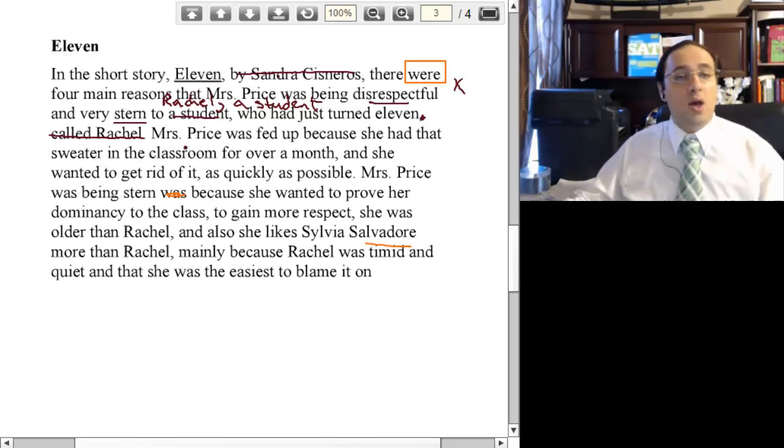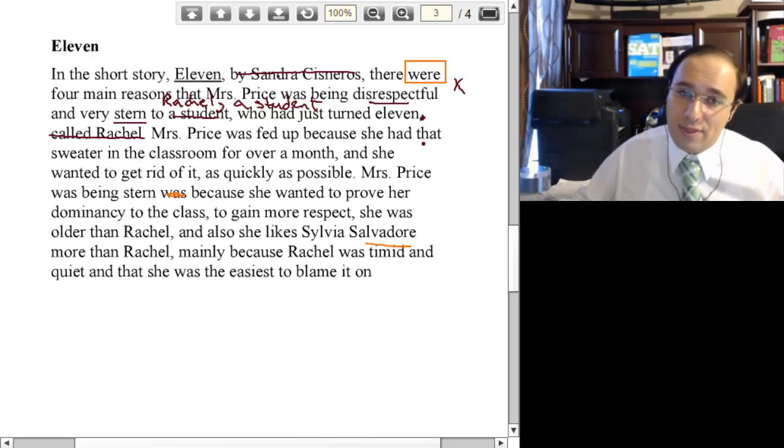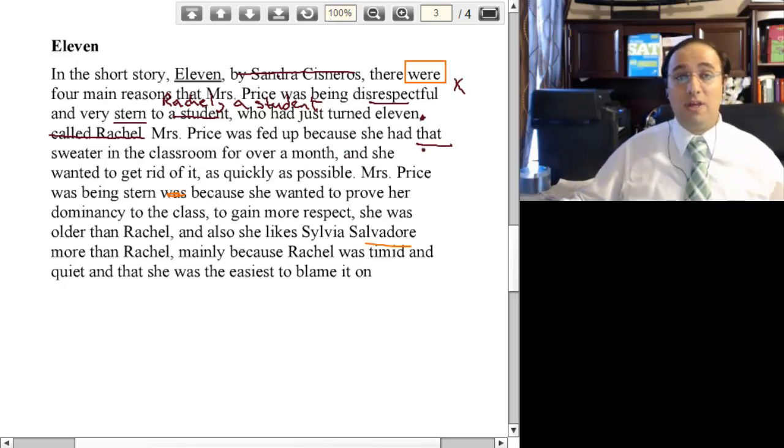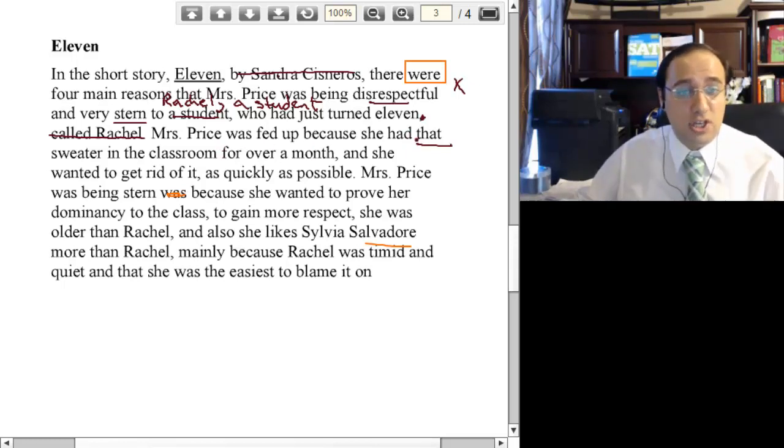However, "Mrs. Price was fed up because she had that sweater." Now, that here is a pronoun that should refer to something you referred to before. Saying "that sweater" means that we talked about the sweater a little while ago, which we didn't. So I would prefer something like "Mrs. Price was fed up because she had the sweater in the classroom for over a month."